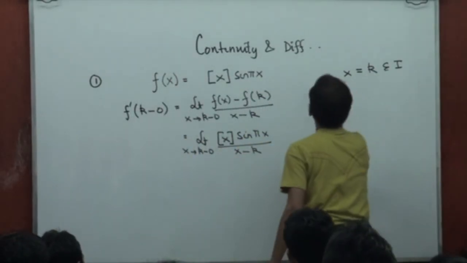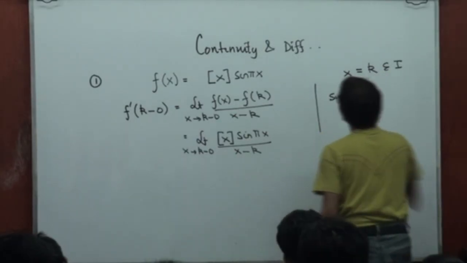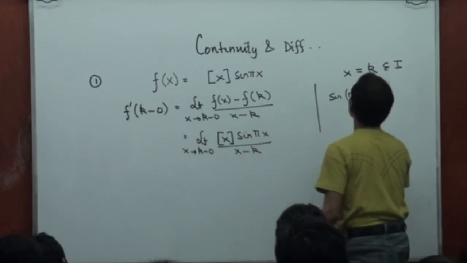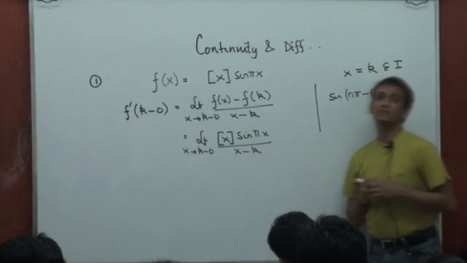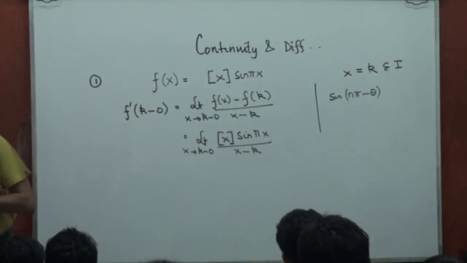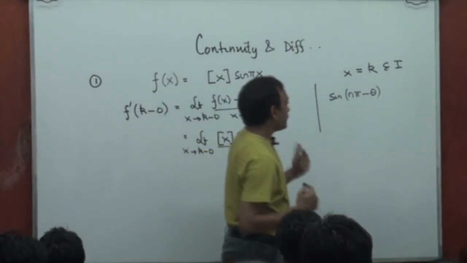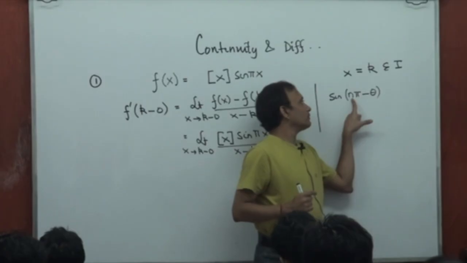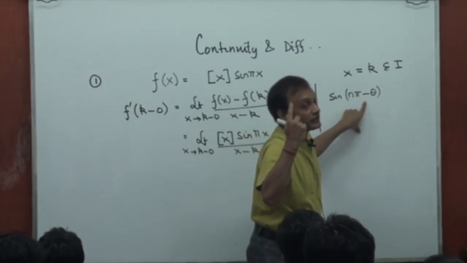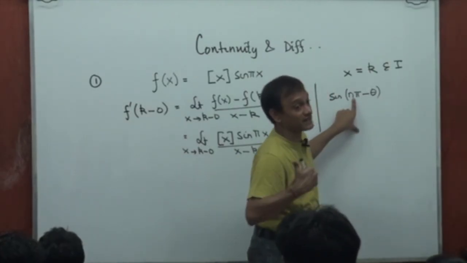Now, what is sine n pi minus theta, where n is an integer, even or odd? Realize that when n is odd, this will be a second quadrant scenario, it will be sine theta. When n is even, it will be the fourth quadrant and it will be minus sine theta.